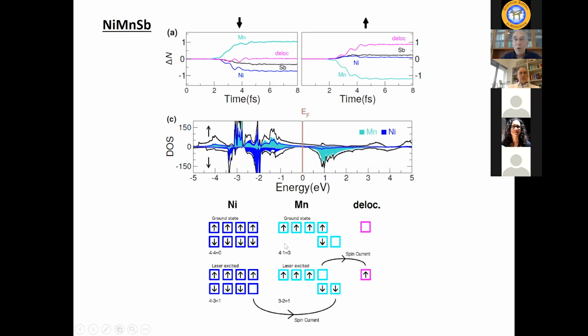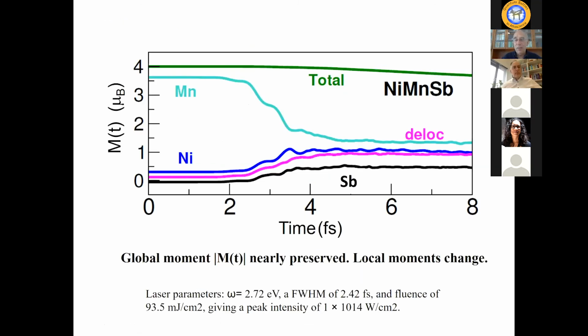If you then look at the magnetization of manganese before and after the laser pulse, initially this is 4 spins up, 1 down. So this is effectively a magnetization of 3 spins up, while after the laser you have 3 up and 2 down, so effectively it's 1 spin up. And this is exactly what you saw in this plot here, the strong decrease of the manganese magnetization, right?